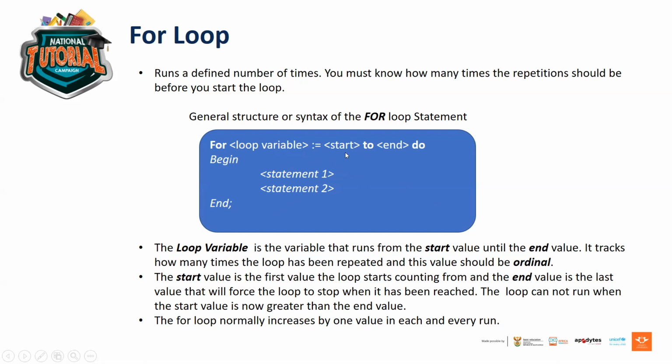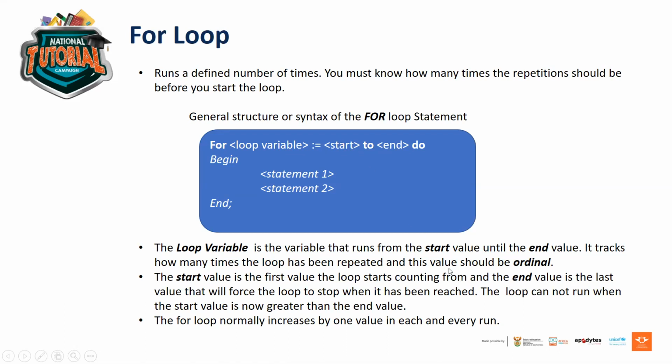And then the start value is the first value the loop starts counting from. If you want the loop to loop 5 times, your start value should be 1. For ik colon equals 1, you are starting from 1.